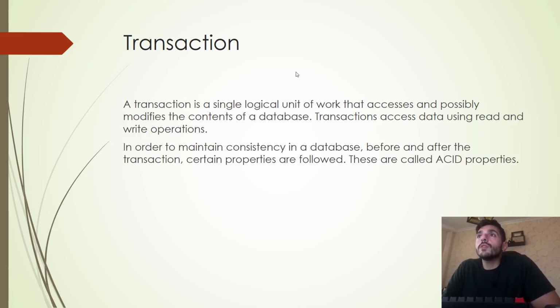So using transactions, you can access or possibly modify the contents of your database. And in order to maintain consistency in a database before and after a transaction, certain properties are followed. These are called ACID properties.